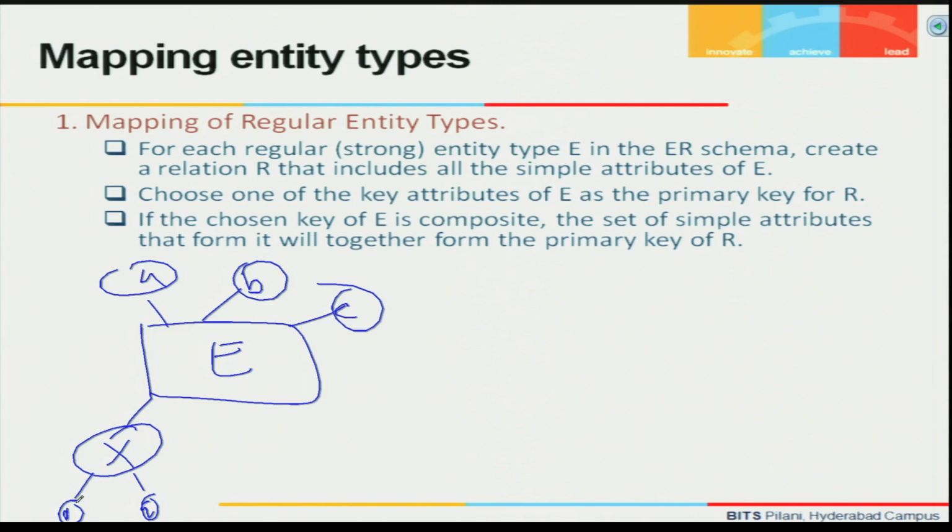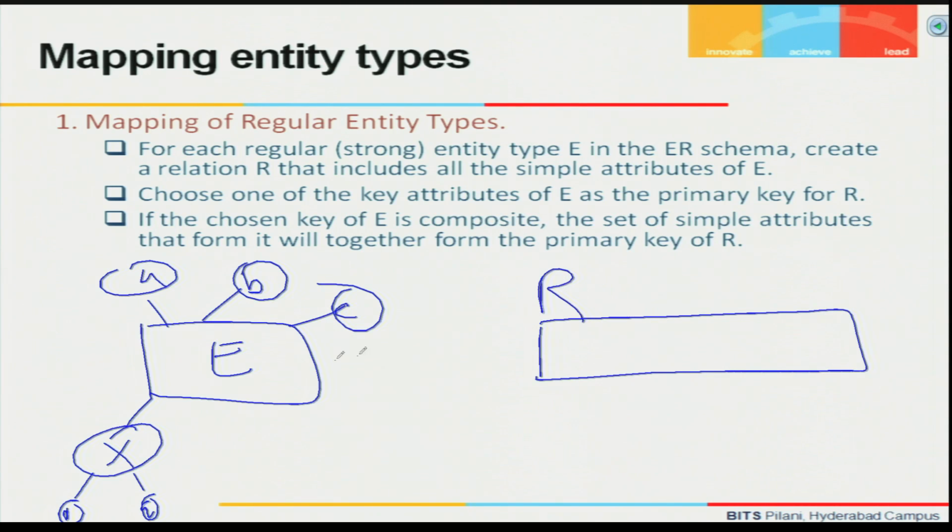Then what should I do? Create a relation schema R for this regular entity type E and include all the regular attributes as fields of the relation R. So that's why you will have A, B and C. That is the first step.